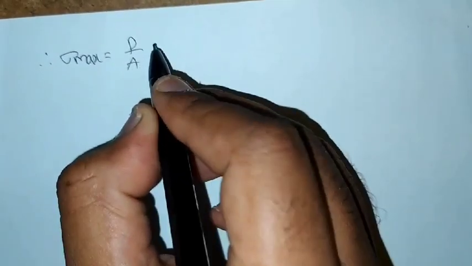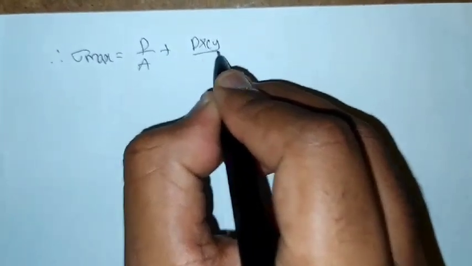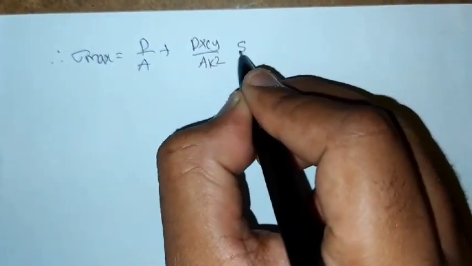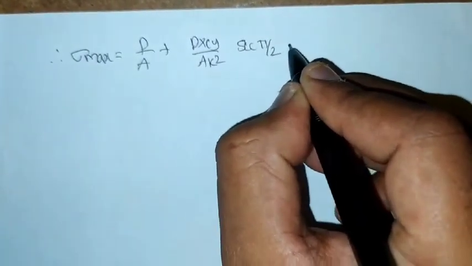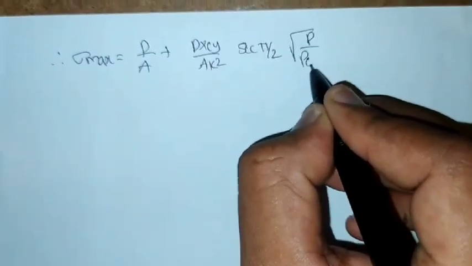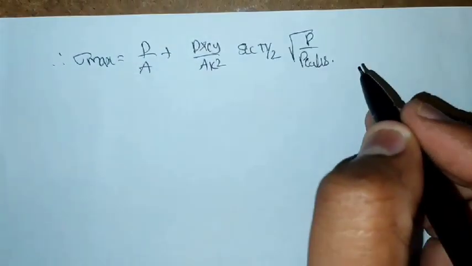Now, therefore, sigma max is equal to P by A, the direct stresses denoted by P by A, plus P into EY by A K square into secant pi by 2 into root of P by P Euler's.